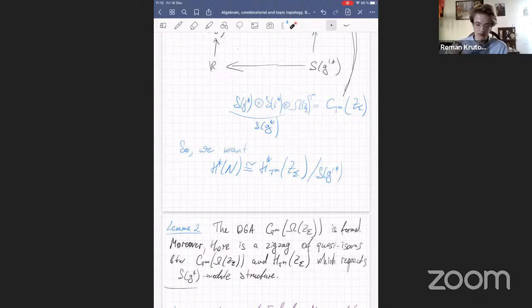And the chain of quasi-isomorphisms between this model and equivariant homology of Z sigma can be introduced to respect the model structure of the polynomial ring corresponding to this torus.